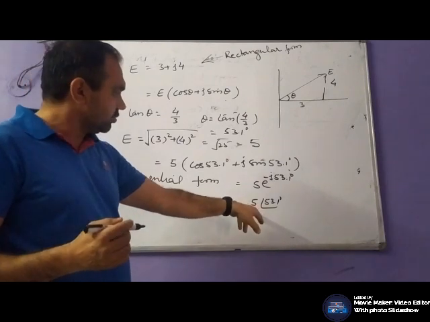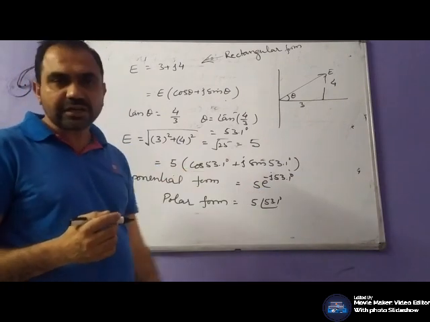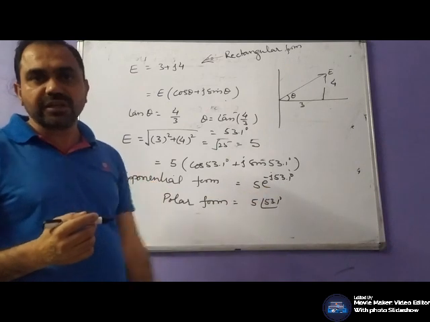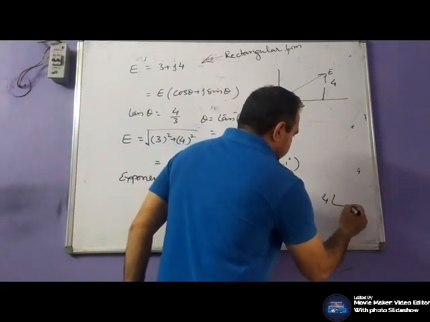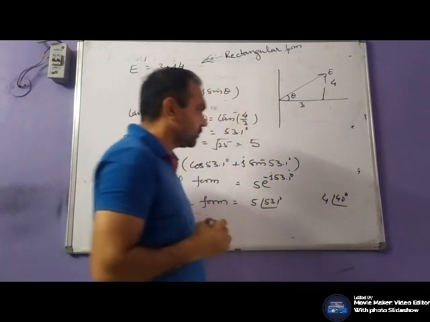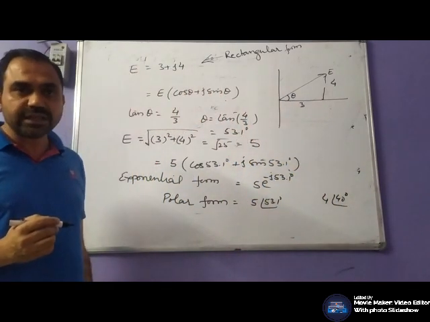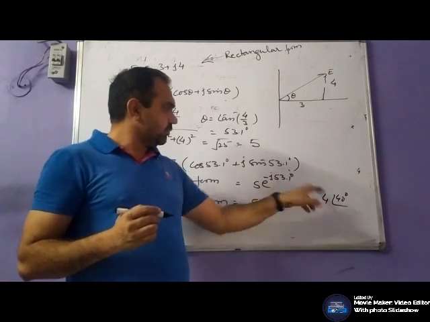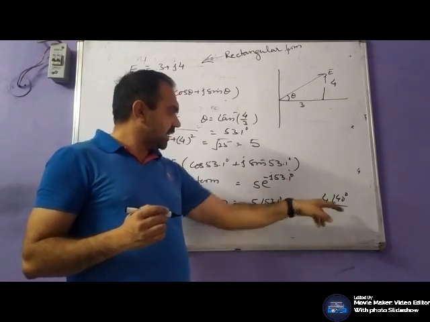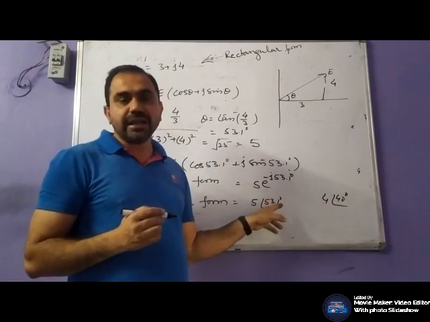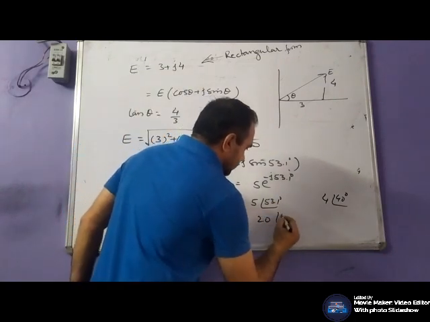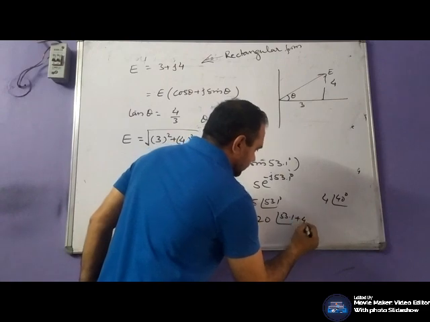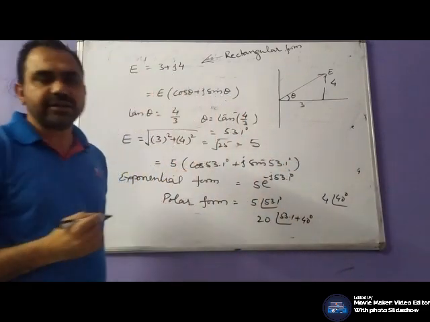For example, you want to multiply two alternating quantities. One is 5 angle 53.1, another is 4 angle 40 degree. So what would be the multiplication? You will multiply the magnitudes and add up the angles. It would be 53.1 plus 40 degree, that would be 93.1 degree.